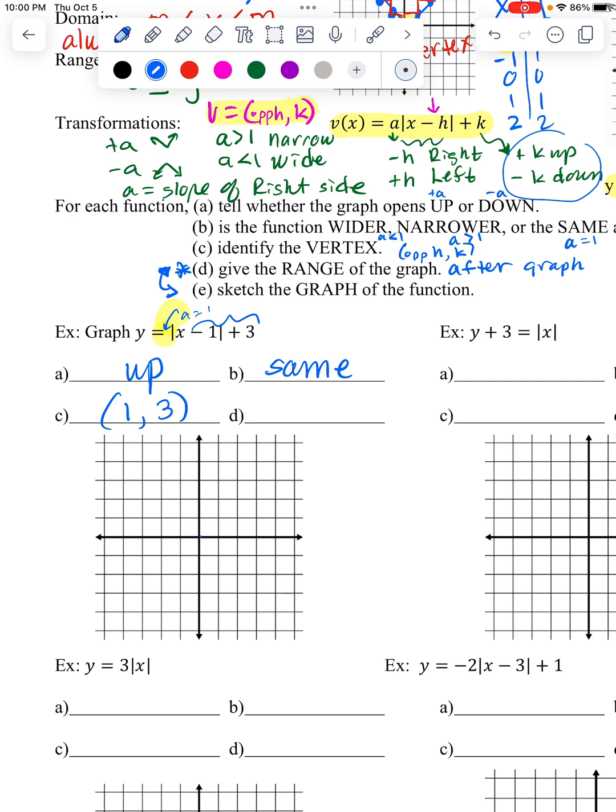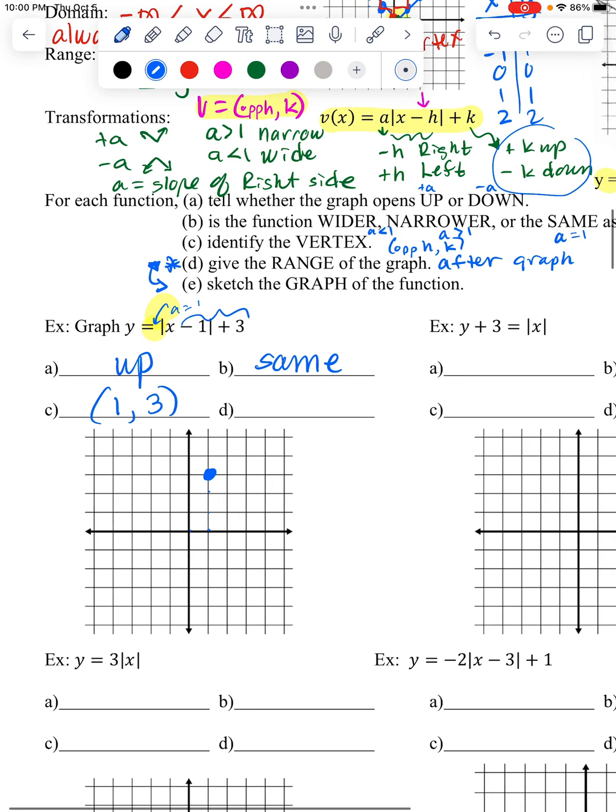So my vertex is going to be 1 to the right, up 1, 2, 3. And then my V is going to go from there. So before I do my range, I'm going to go ahead and graph it. Since my A was 1, that's the slope of the right side. From this vertex, I go up 1, over 1, up 1, over 1, and I draw in that right side.